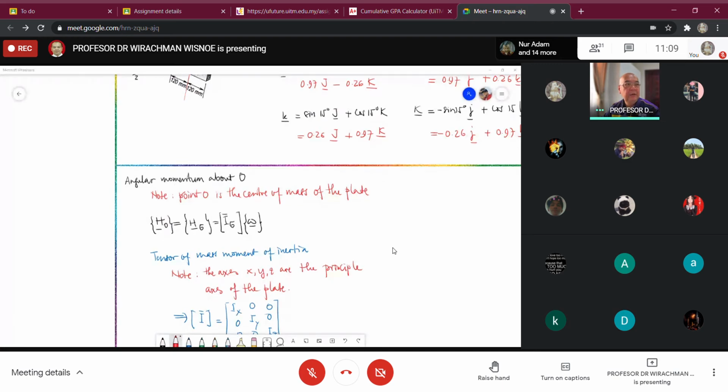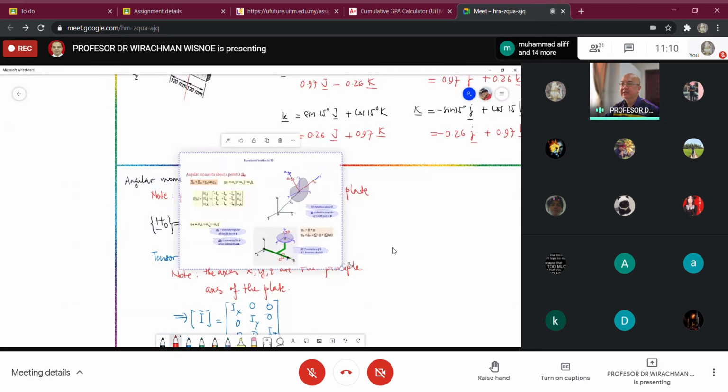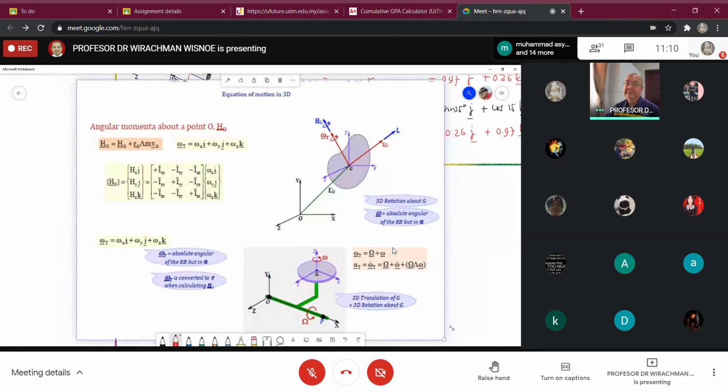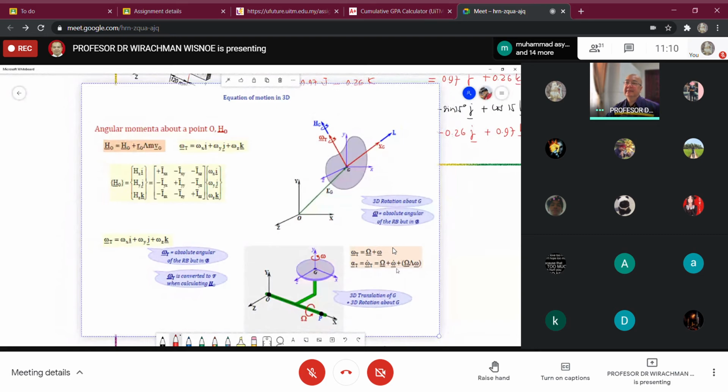I will copy this one, and then I will copy it here. So this is from the slide of Encik Ramlan Kasiran. Okay, so angular momenta. Momenta is the plural of momentum. Okay, angular momentum. So this is the formula.